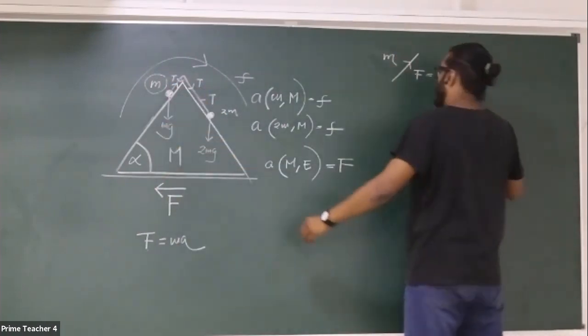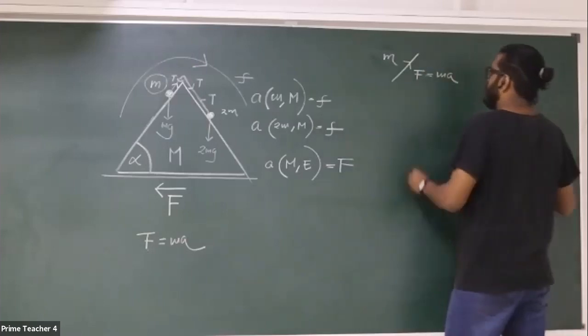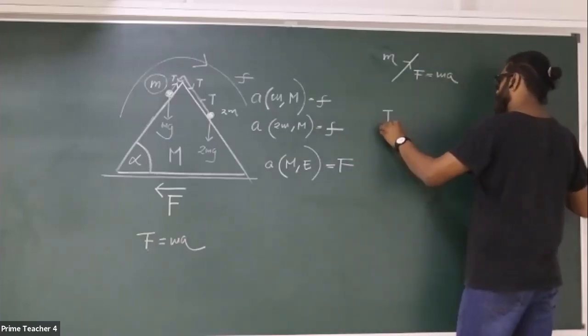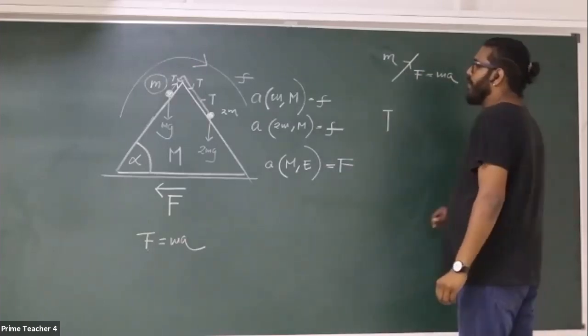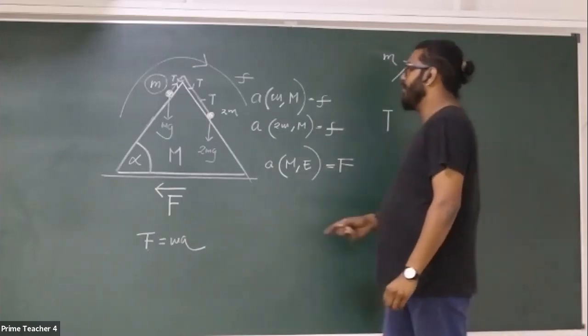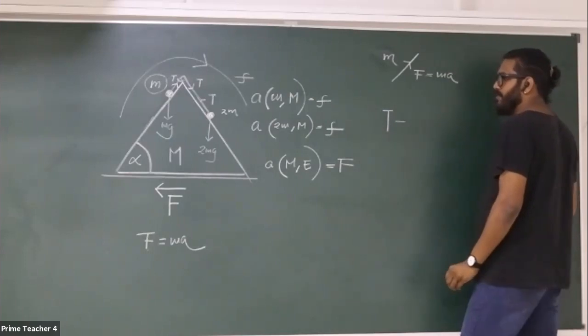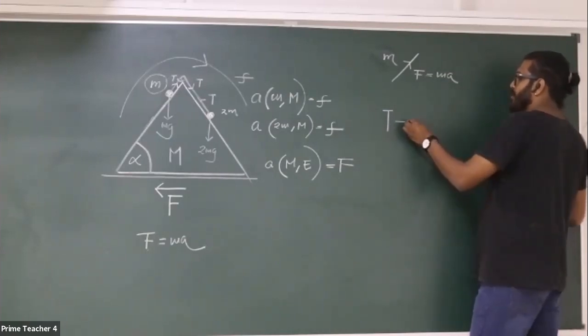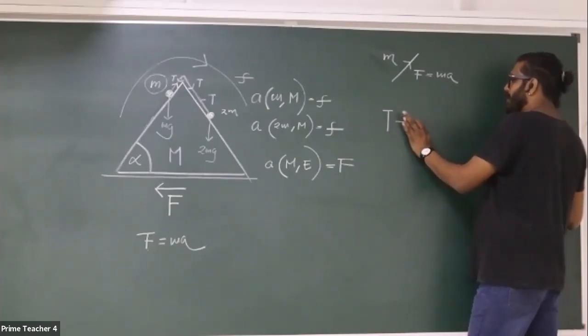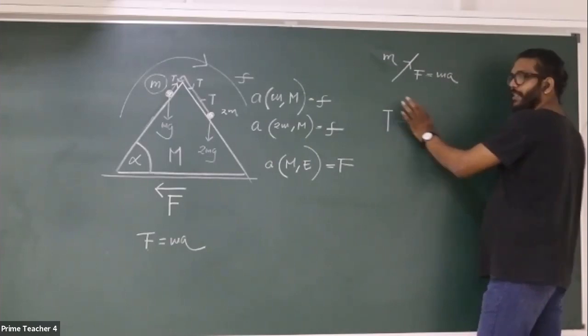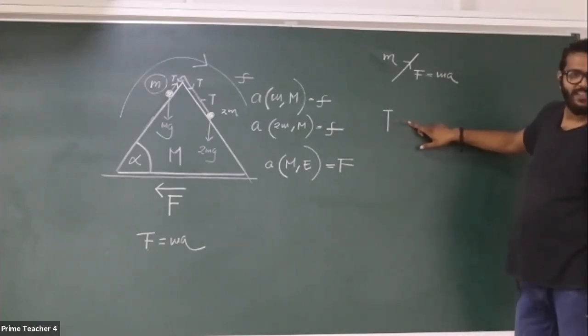In this particular direction, it should be T. And in the opposite direction, we can expect, what is that force? That should be T minus mg sin alpha.